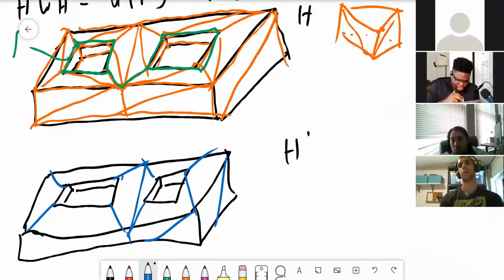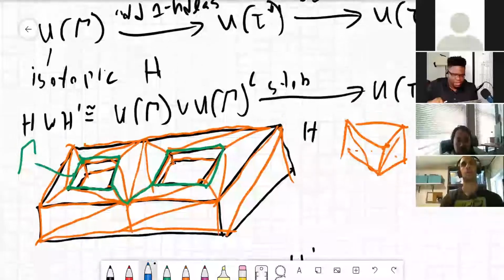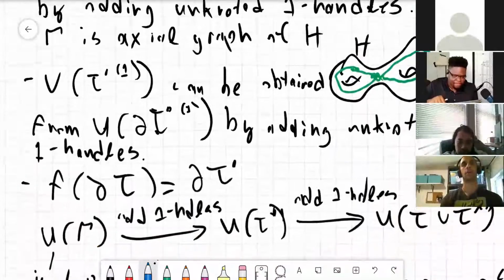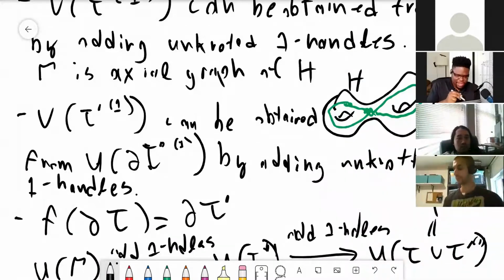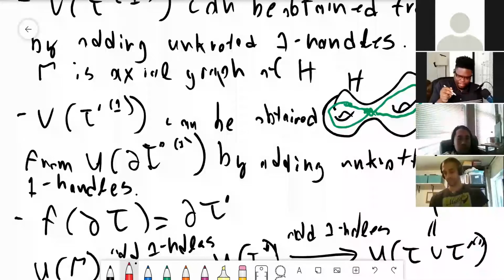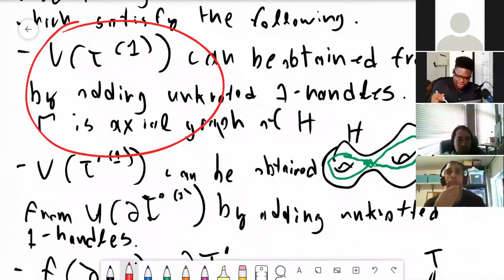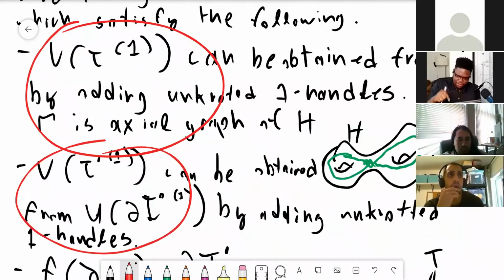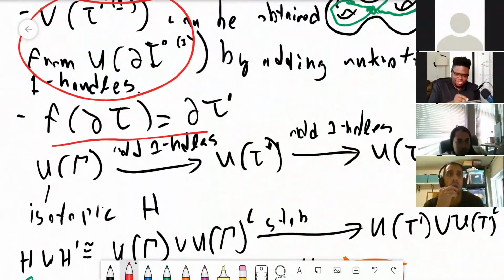I won't complete it. So we can do this for both H and H prime. And the whole point here is that the thing that I created here will satisfy this condition here, this condition here, and this condition here, right? You just got to make sure it satisfies this gluing condition here.